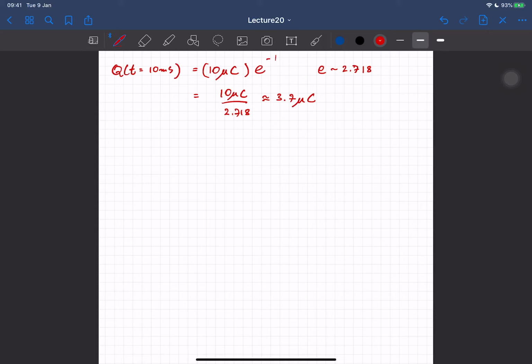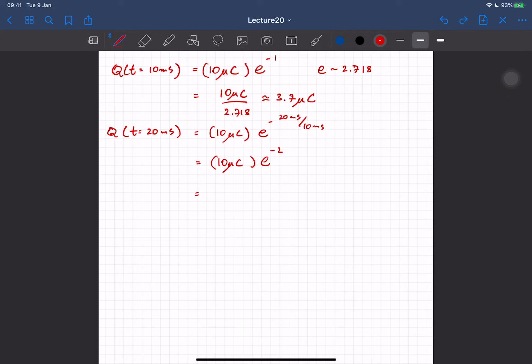So what happens if you wait for another 10 milliseconds? Let's say t equal to 20 milliseconds. It's going to be 10 microcoulombs times e to the minus 20 millisecond divided by 10 millisecond, so 10 microcoulomb times e to the power of negative 2. You can see that you divide by another factor of e.